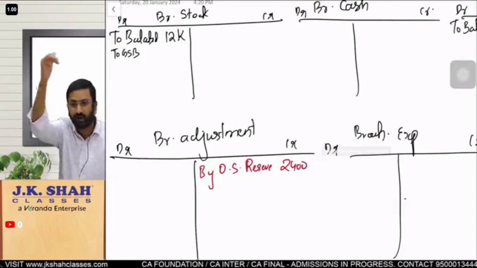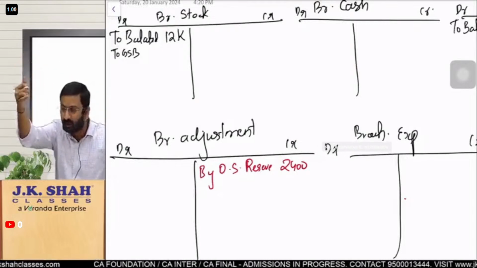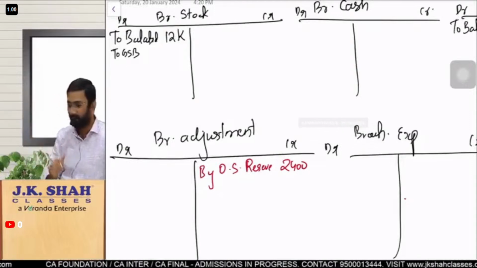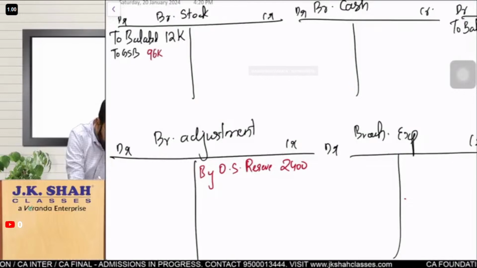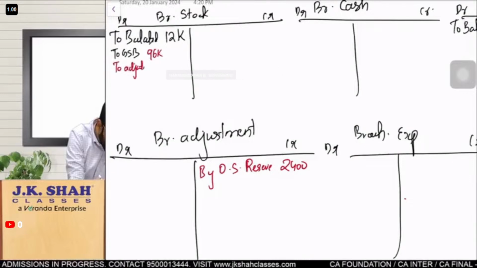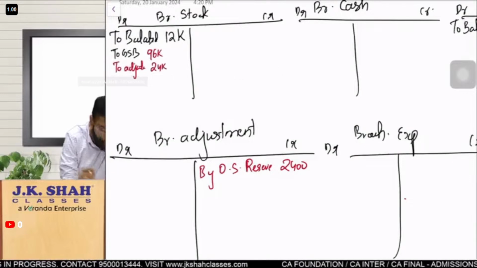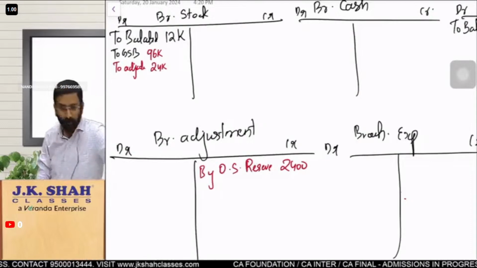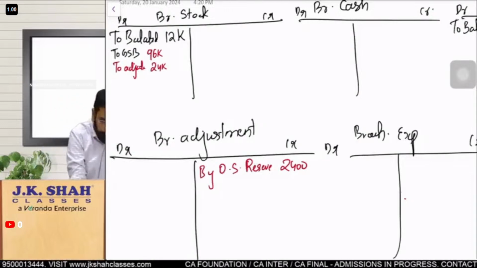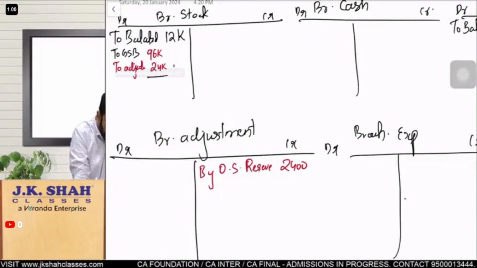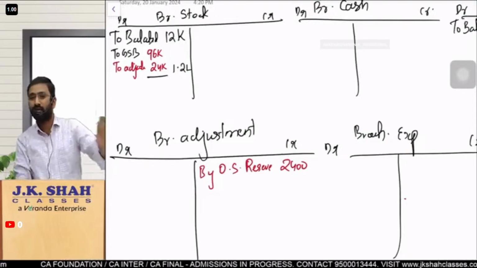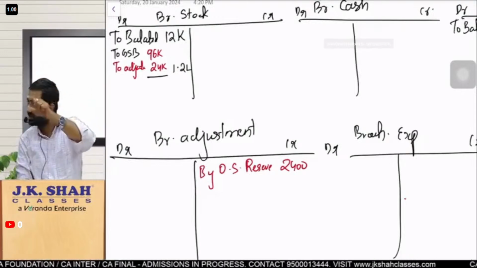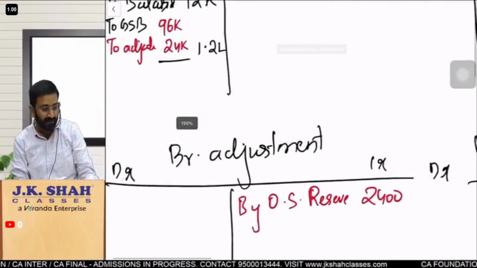So branch stock 120, to GSB 96, to branch adjustment 24. I'm simply writing adjustment because of the place constraint. The outer column is 120.